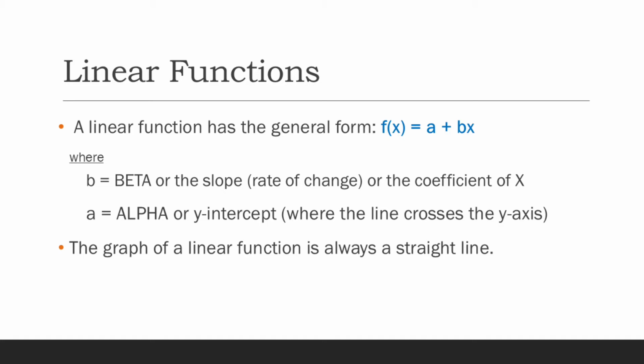In a linear function, this relationship is represented as y = a + bx, where b is the beta or the coefficient of x, and a is the alpha, the constant or the y-intercept, the value of f(x) when x equals 0.